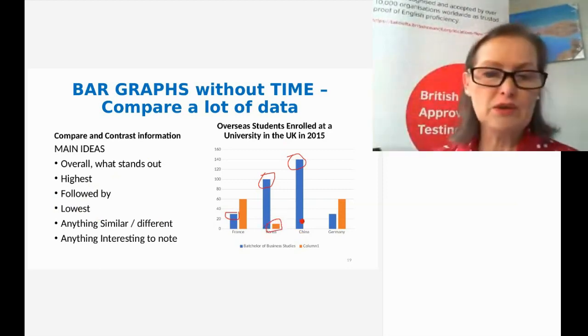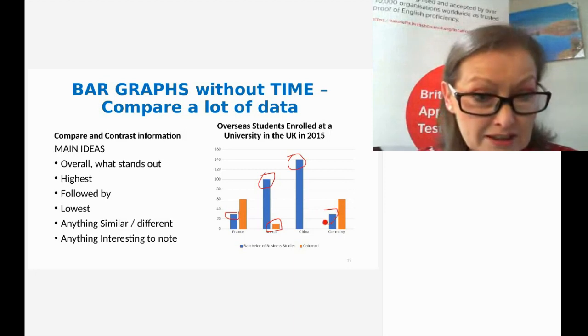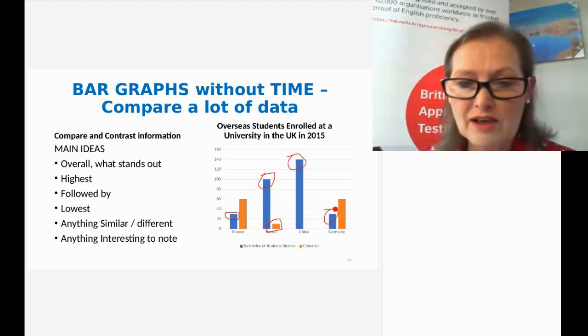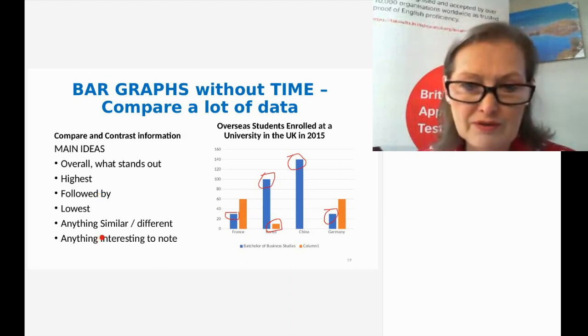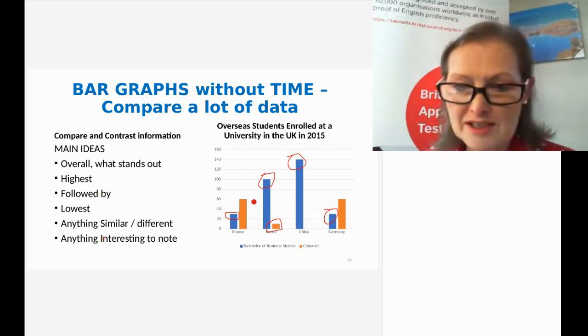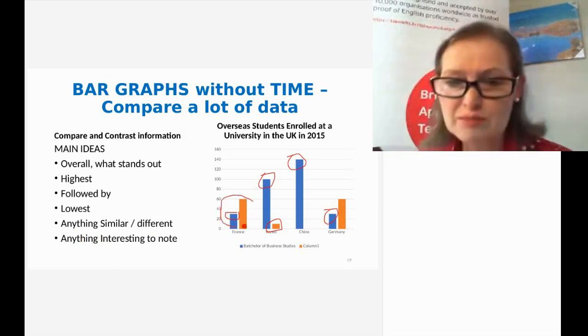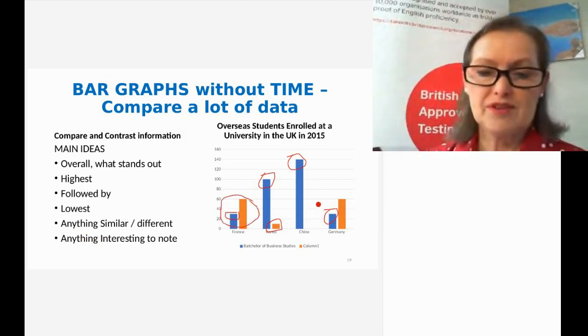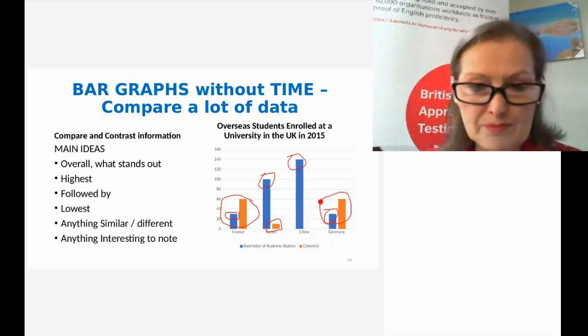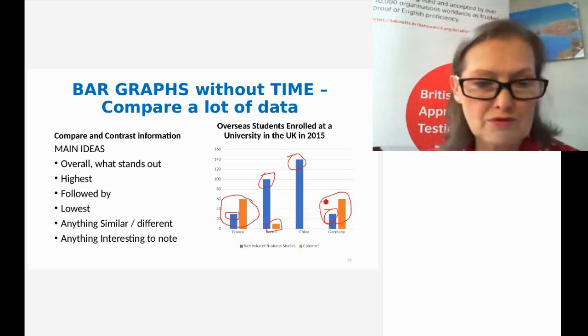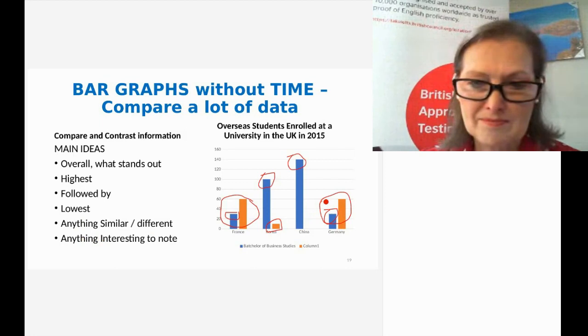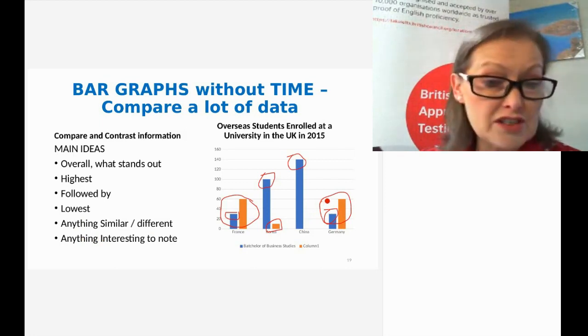And then we're looking again at, is there anything similar? And if we have a look, I've done this one very obviously, just to show you that here we've got an absolute similarity between France and Germany, the same number of students enrolled from both France and Germany. Good. And anything interesting to note?